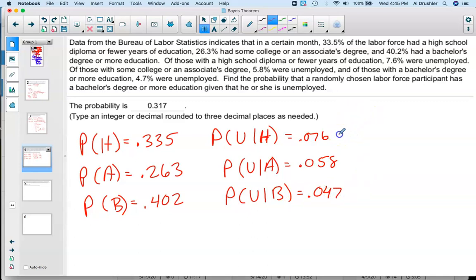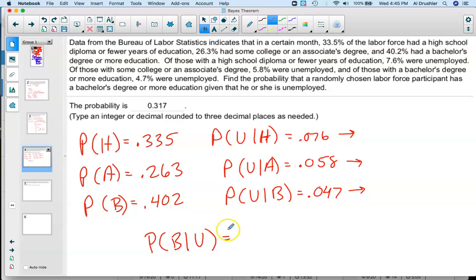I want to mention something here. Let me read how the question is stated first. It says, find the probability that a randomly chosen labor force participant has a bachelor's degree or more given unemployed. So the probability of bachelor's given unemployed.